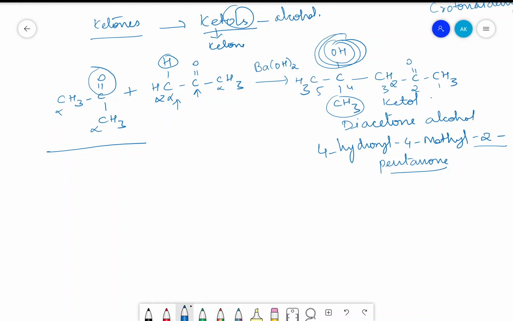So two molecules of acetone combine with each other in the presence of barium hydroxide to form 4-hydroxy-4-methyl-2-pentanone, which is also called diacetone alcohol. It is also called a ketol.